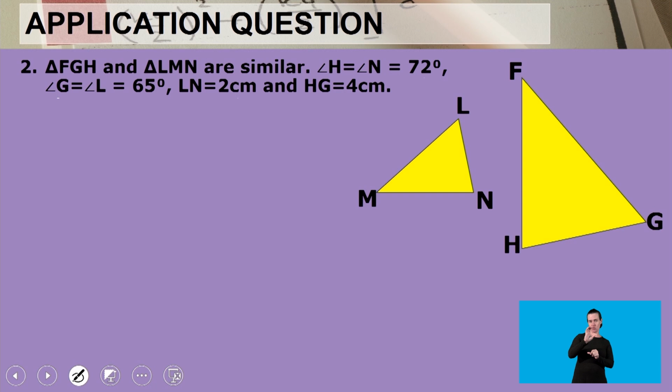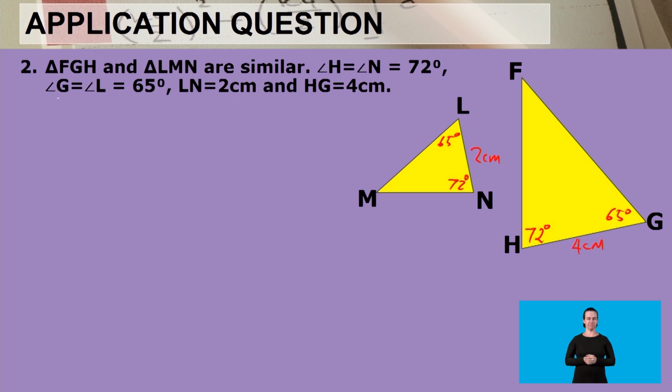Let's put in the values so that we see what that means. Angle H is 72 degrees and angle N is also 72 degrees. Angle G is 65 degrees and angle L is 65 degrees, according to the information given. LN is 2 centimeters and HG is 4 centimeters.